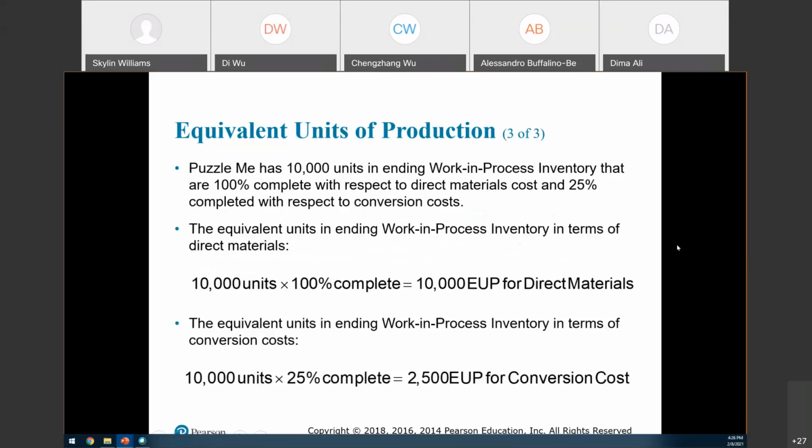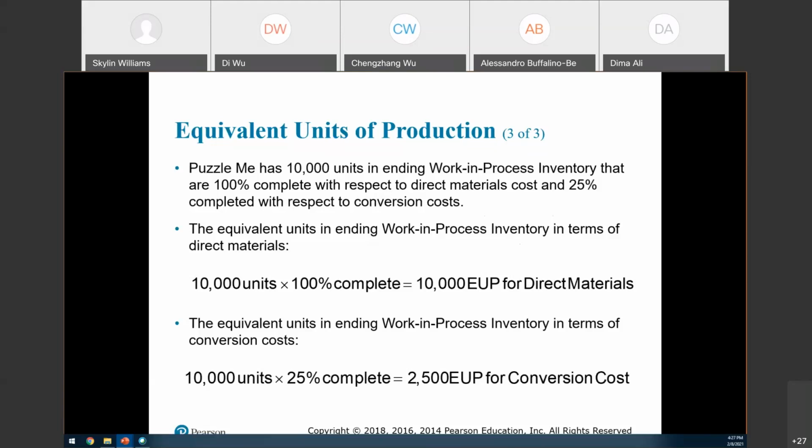Well, next, let's assume the company also has 10,000 units in ending WIP inventory that are 100% complete with respect to direct materials, but only 25% completed with respect to conversion cost.